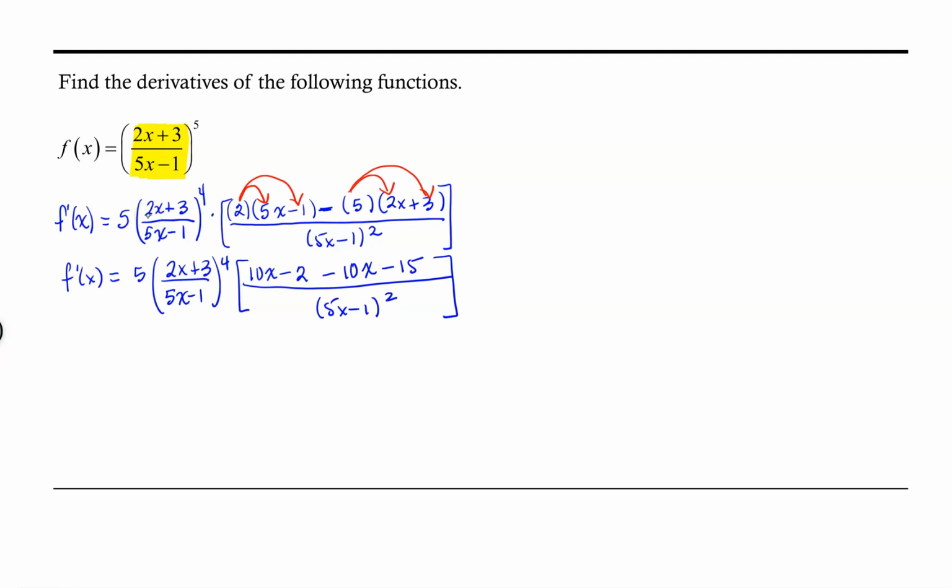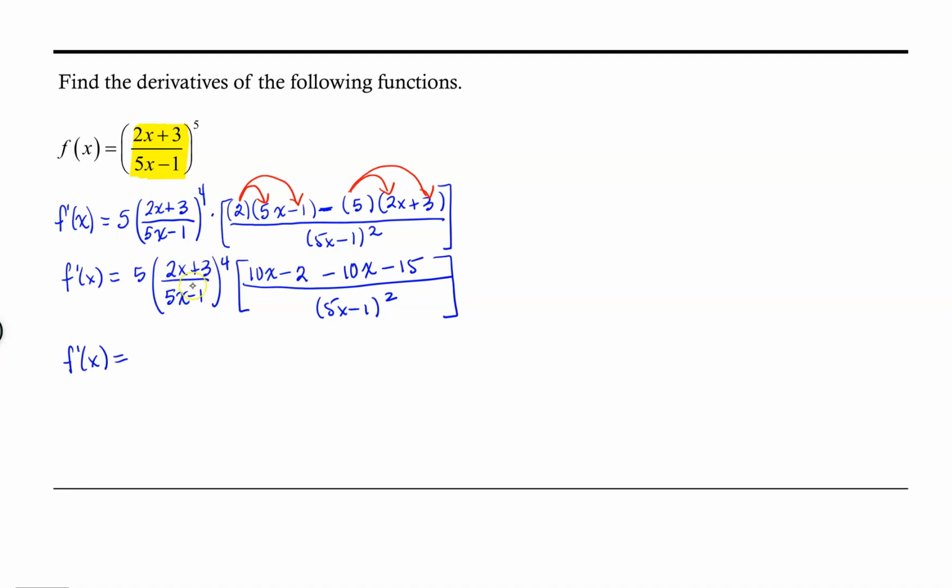Okay, so our derivative now is, keep in mind your rules for exponents. When you have a fraction to a power, then you can raise the numerator to that power and then the denominator to that power.